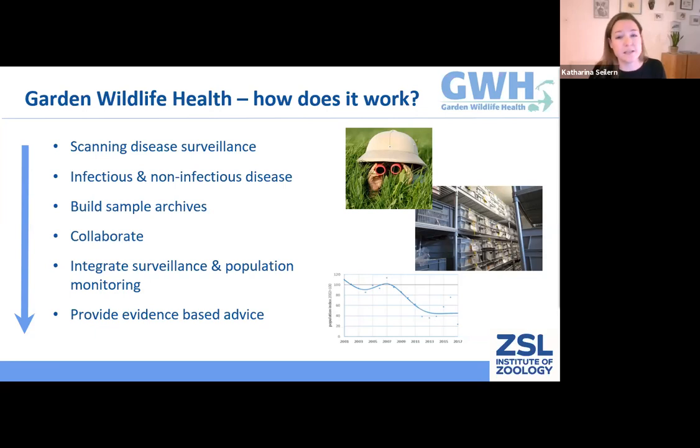To facilitate the study of the diseases we might identify, we build a sample archive and collaborate with a wide range of organizations and integrate our findings with population monitoring in order to determine any potential impact on a population level. And this allows us, ideally, to provide people with evidence-based advice on disease mitigation, habitat management, and other best practice strategies. So let's have a closer look at how this works.